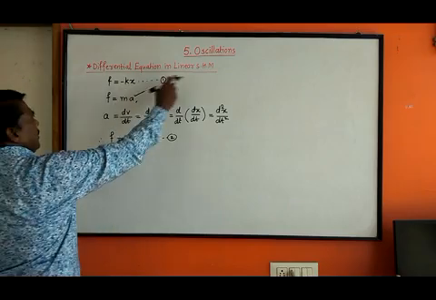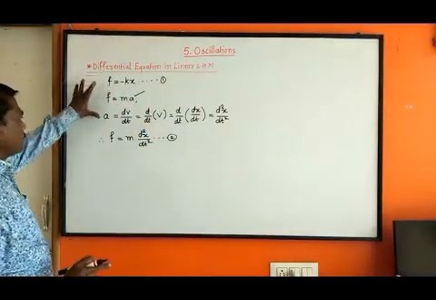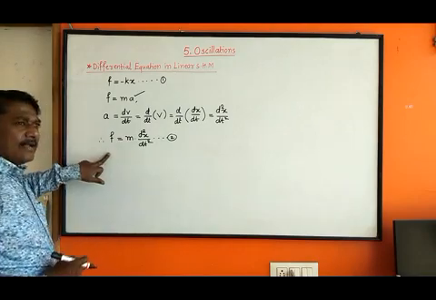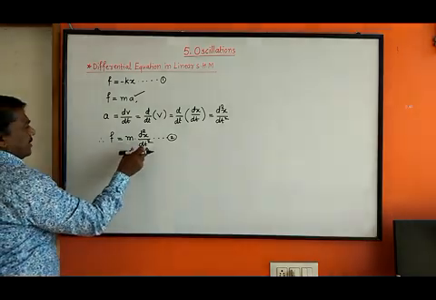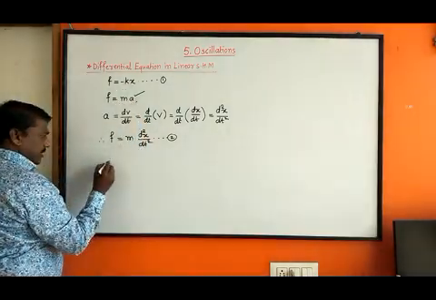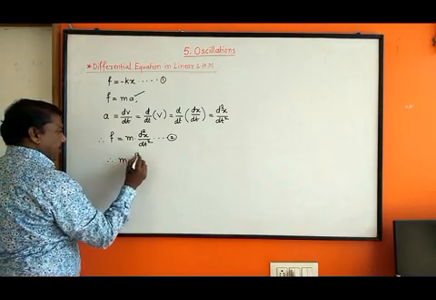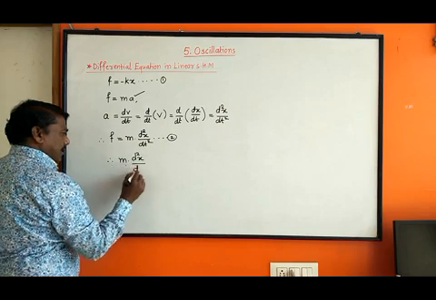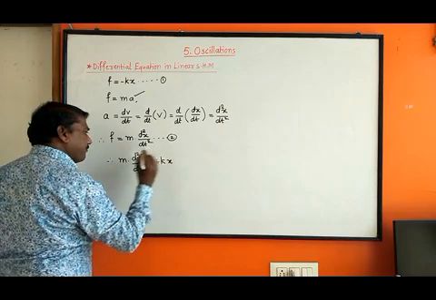And first in linear system we have derived that F is equal to minus kx. These two quantities both represent force. So therefore you can consider m into d2x by dt square is equal to minus kx.